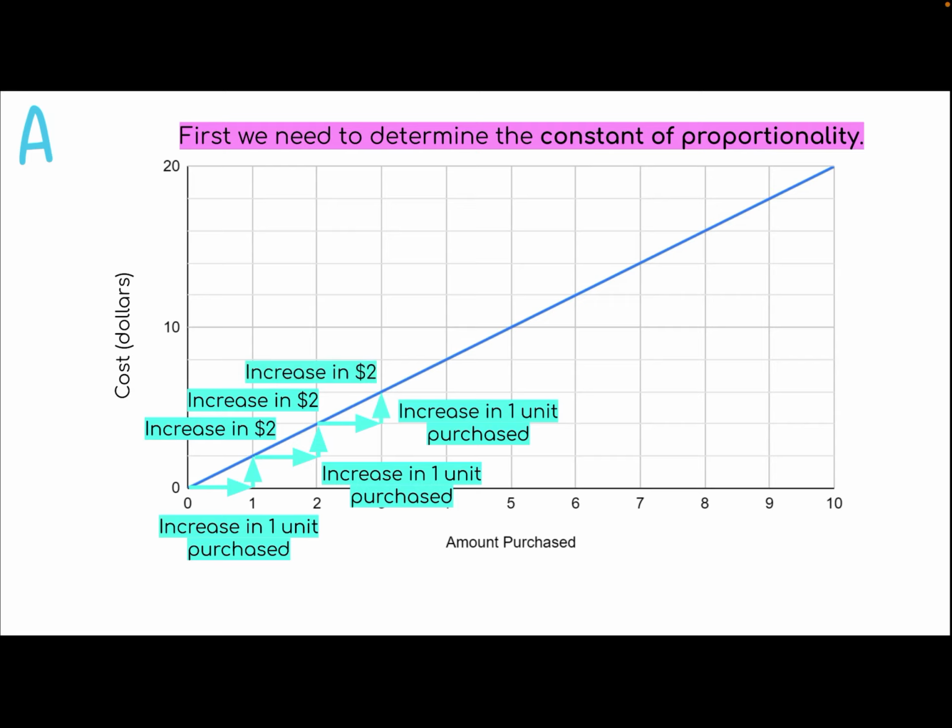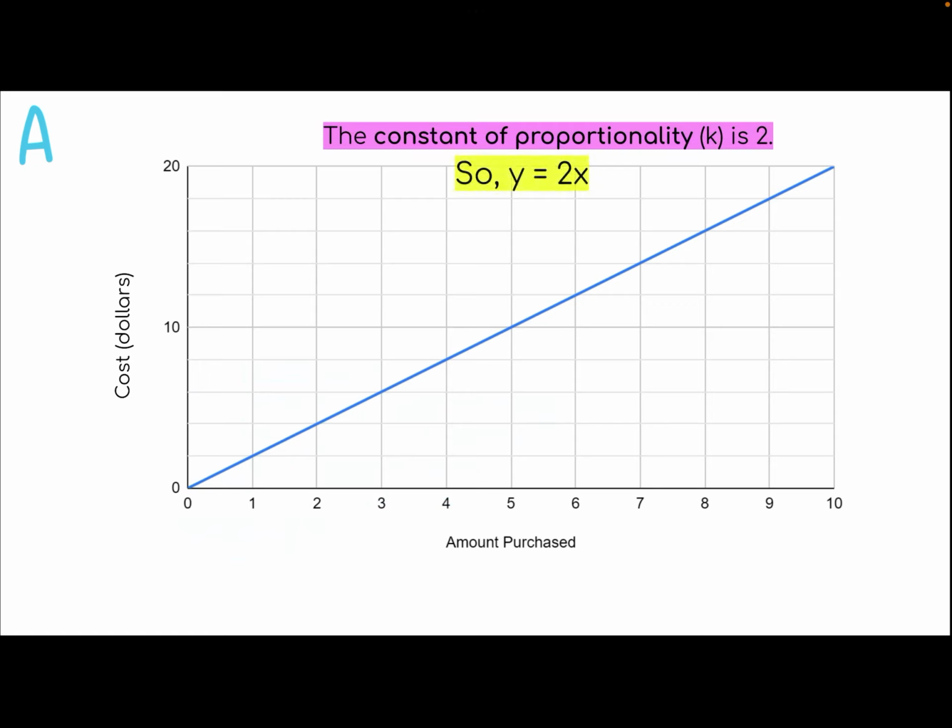So that means that my unit rate is 2, because when I take the y value divided by the x value, I get 2. 2 divided by 1, 4 divided by 2, 6 divided by 3, 8 divided by 4, 10 divided by 5, they all equal 2. So you just put that constant number before x. y equals 2x. Done.